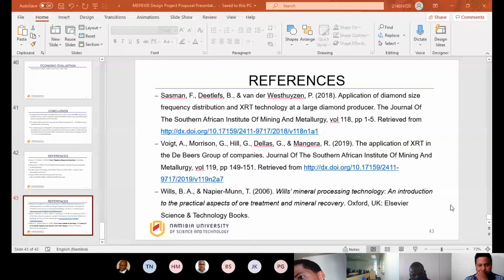In that way, I would have a clear picture of the water balance that will be circulating in these specific circuits or sections.